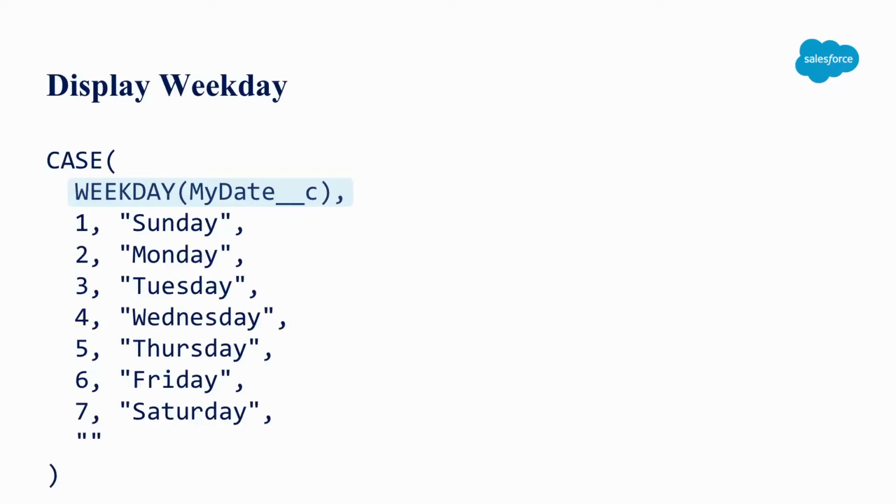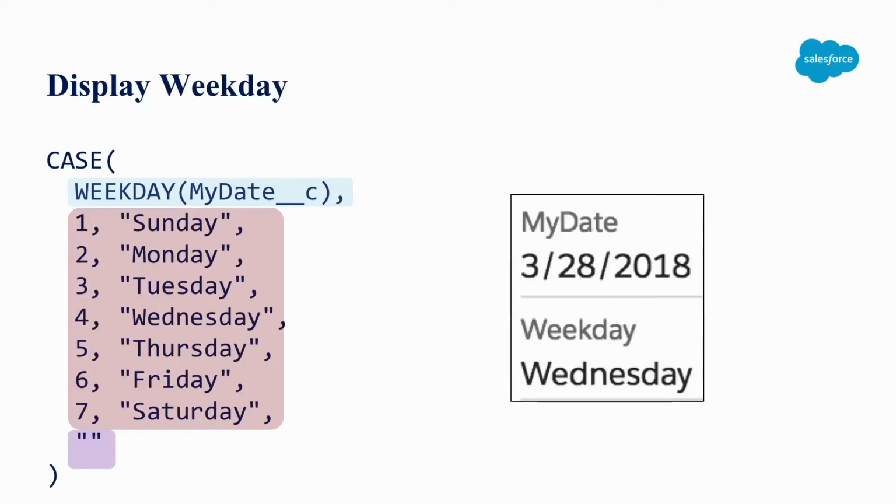If it equals this, do this. If it equals this, do this. It's a whole bunch of pairs. That's why the line breaks work like this. Okay, so we're going to do case. We're going to look at the weekday of my date, and then we're going to do all those pairs. And then case has to have a like, if it doesn't equal any of those things, what should I do? And we're just going to return a null string. And then what that returns is this.